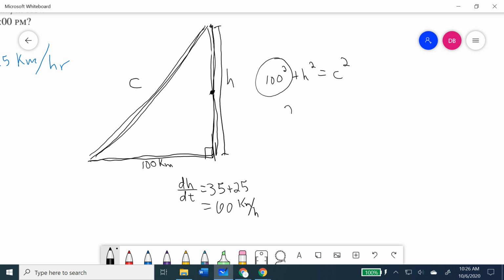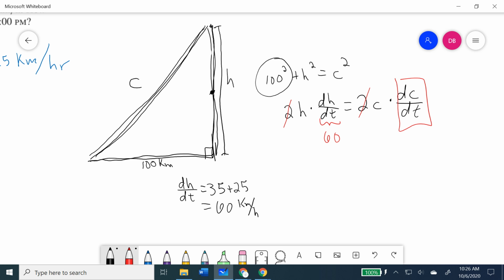For h squared, we get 2h times the derivative of h with respect to time, and 2c times the derivative of c with respect to time. I can get those 2's out of the way. dH/dt is known to be 60. And I need to find dC/dt.